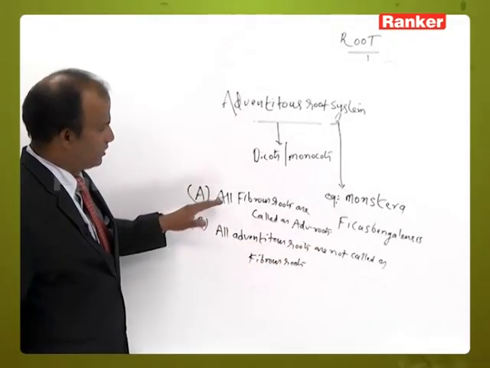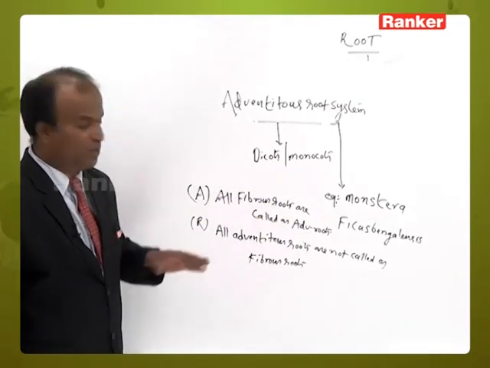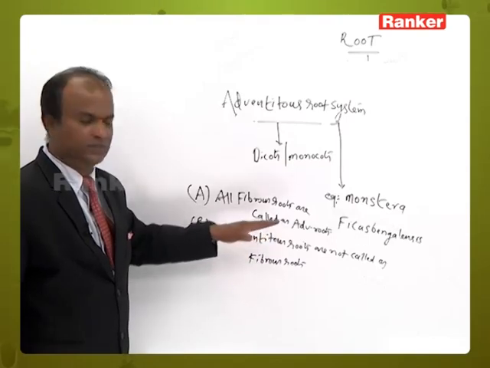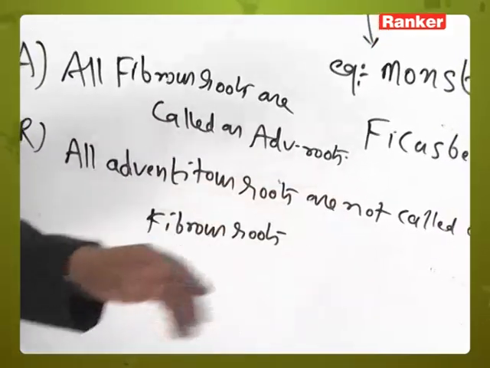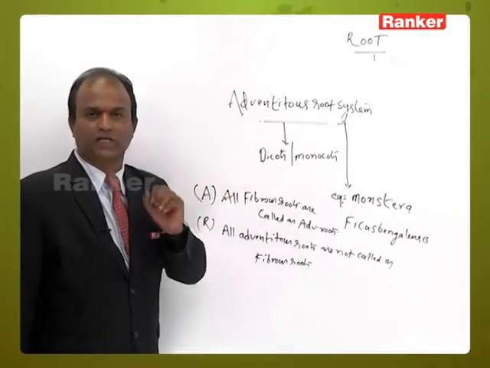In this assertion, all fibrous roots are called adventitious roots, whereas the reason is that all adventitious roots are not called fibrous roots. Can you tell me which option is correct here?